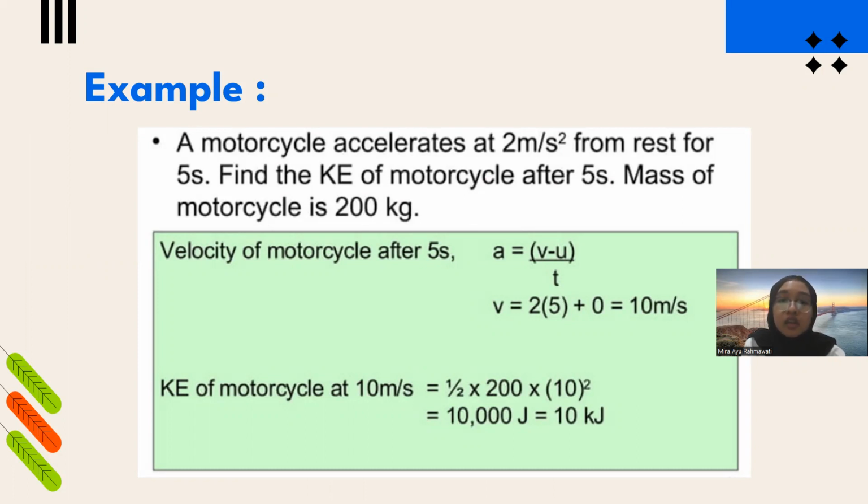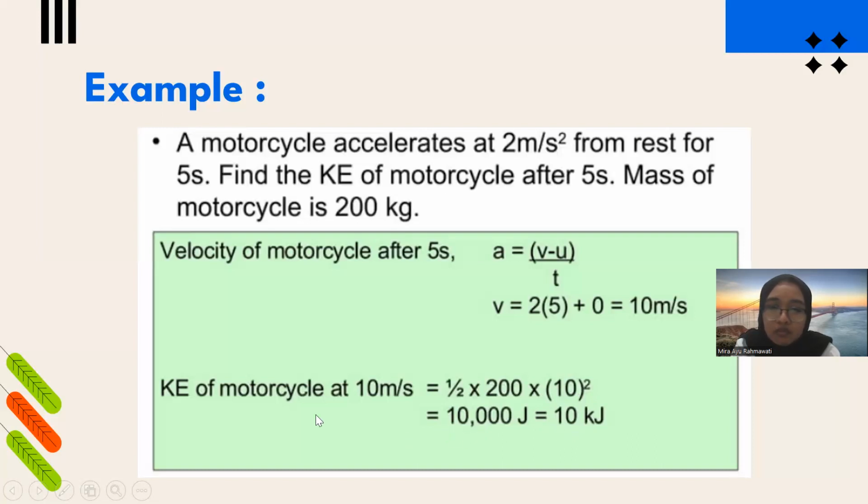Mass of motorcycle is 200 kilogram. Velocity of motorcycle after 5 seconds is 10 meter per second, and kinetic energy of motorcycle at 10 meter per second is 1/2 cross 200 cross 10 square.